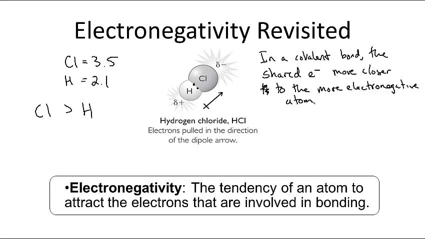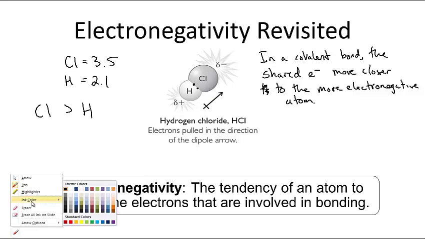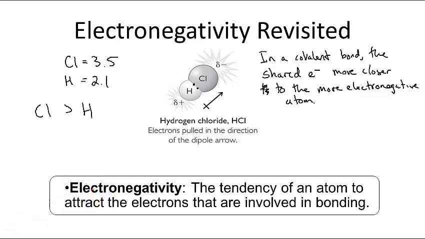So Cl is stronger than H. They're fighting over those electrons. Neither is willing to let go, but Cl is stronger, so it's pulling the electrons more closely to its nucleus. So those electrons are going to shift a little bit closer to Cl. There's more time that the electrons spend closer to Cl, so Cl gets partially negative. Now the electrons are further away from the H, so that means that it is partially positive.